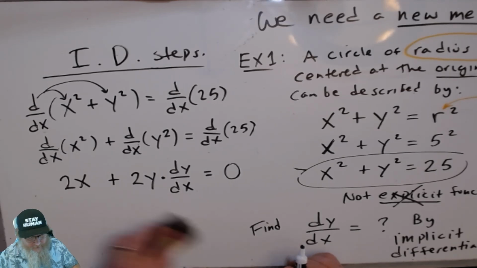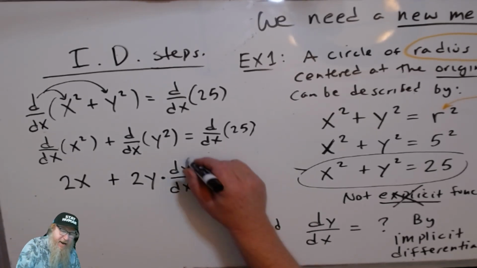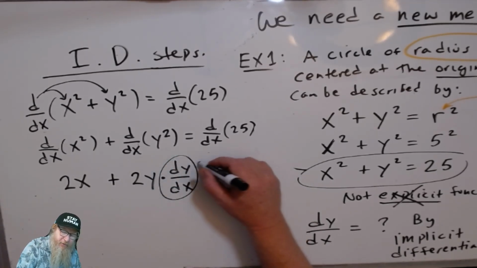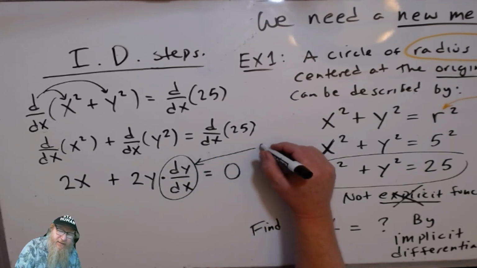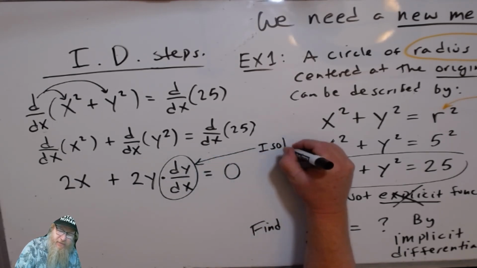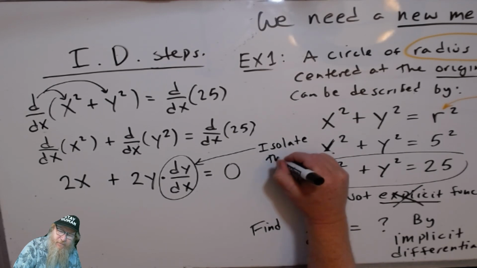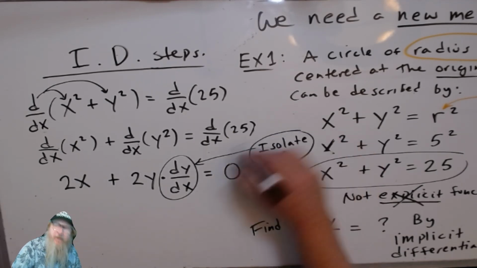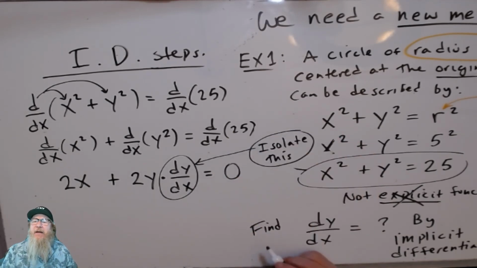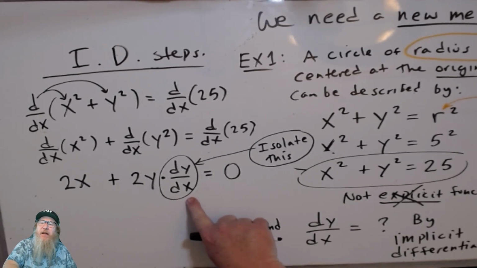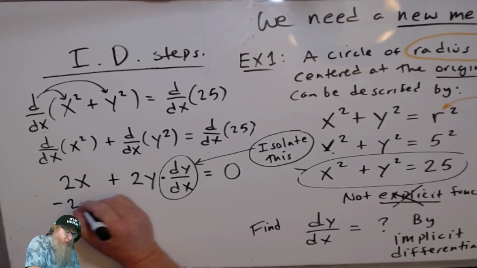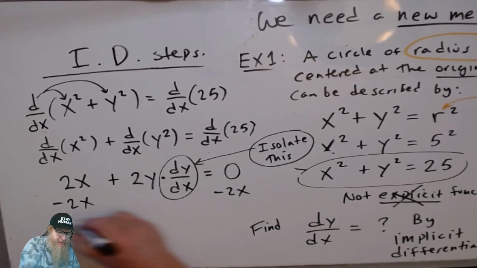All right, I've got to erase that. I need the work. Now we're going to solve for dy dx. In other words, we're going to isolate that, so we want to get that all by itself. We'll subtract 2x from both sides.